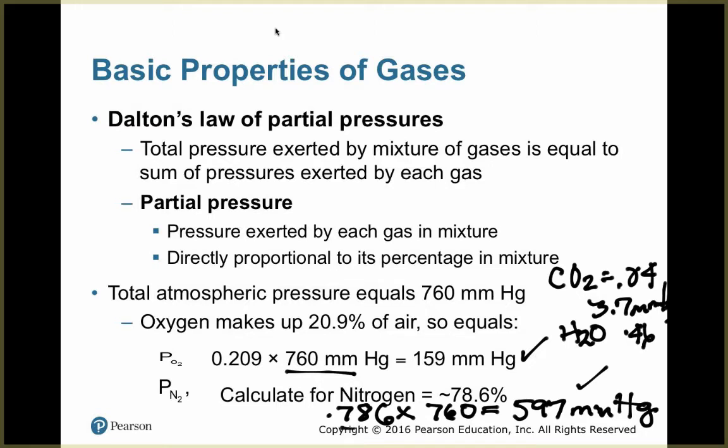So you just calculate all of these by essentially taking the 0.786 or the percentage here, right? And then multiplying it by the ATMs. And essentially this is equal to also the pressure that you find in the alveoli as well.